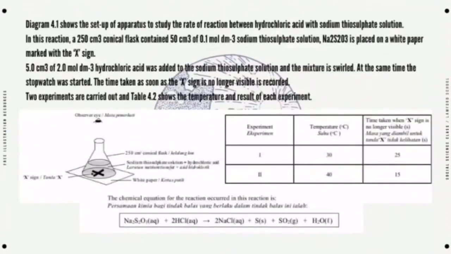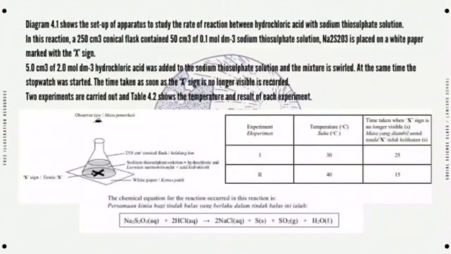Diagram 4.1 shows the setup of apparatus to study the rate of reaction between hydrochloric acid and sodium thiosulfate solution. In this reaction, a 250 cm3 conical flask contains 50 cm3 of 0.1 mol dm^-3 sodium thiosulfate placed on a white paper marked with an X sign. 5.0 cm3 of 2.0 mol dm^-3 hydrochloric acid was added to the sodium thiosulfate solution and the mixture is swirled.